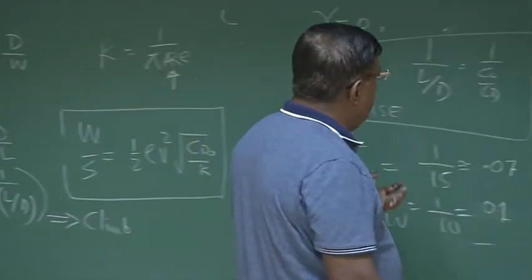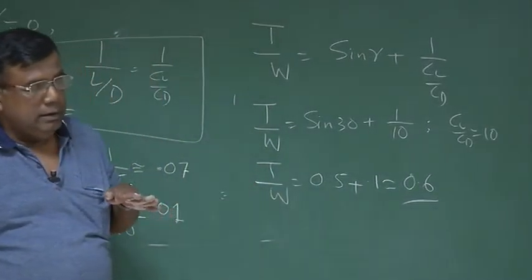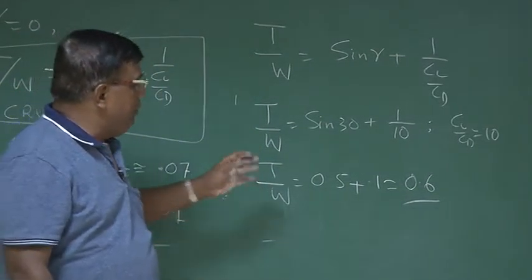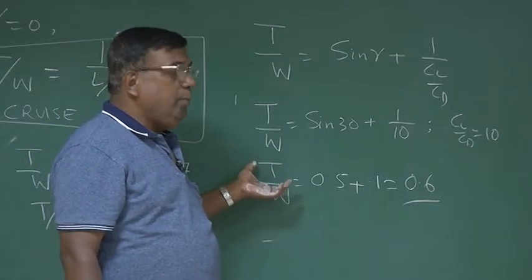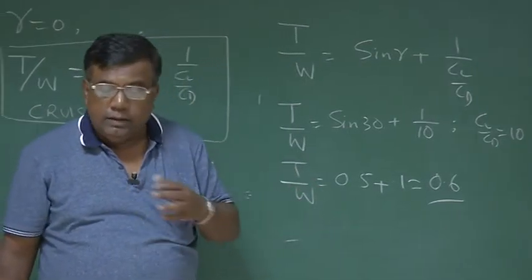For taking the mass through a climb phase, the T by W requirement will be predominant. You will not decide T by W from the requirement of cruise. We will decide the requirement of T by W from the requirement of a climb.